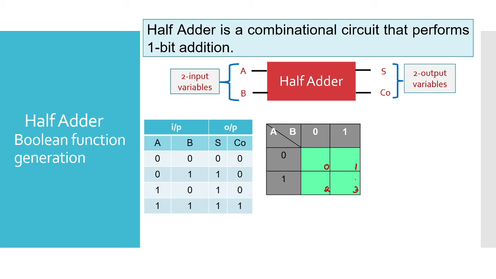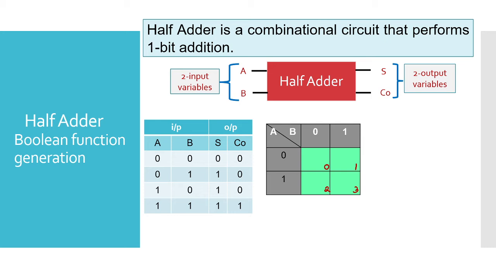As many outputs as you have, you will solve that number of K-maps. Here 2 outputs are there, so you need to solve 2 K-maps: one for S, and another for CO.